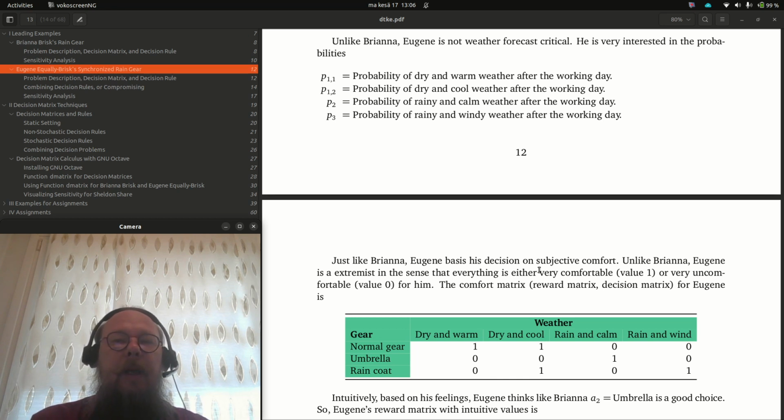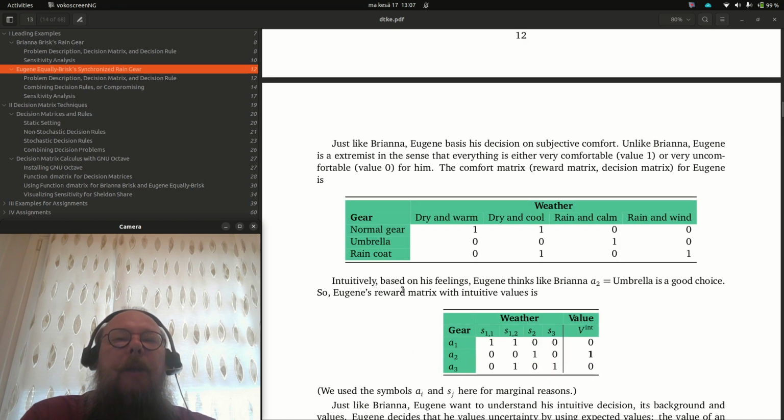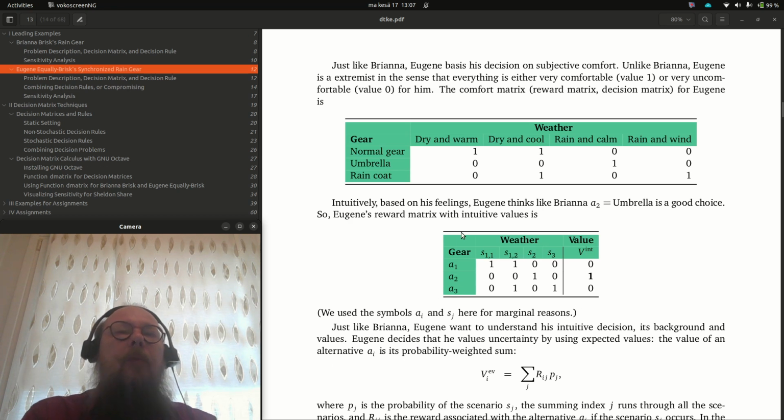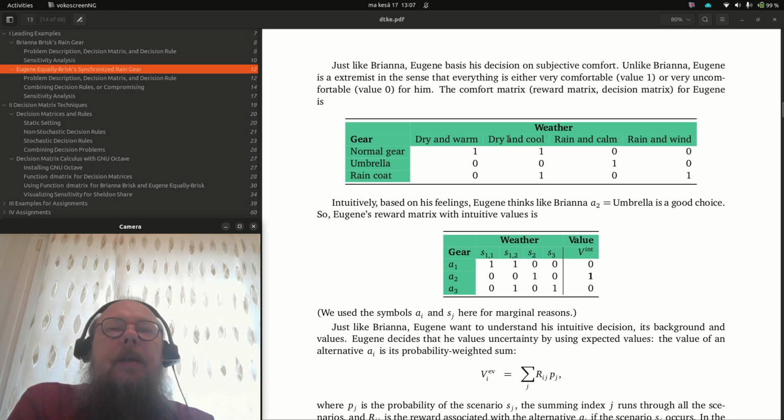So everything is for Eugene either very comfortable, that's value 1, or very uncomfortable, that's value 0. So the comfort matrix, this again took some time to figure out. So the comfort matrix or reward matrix, decision matrix for Eugene is the following.